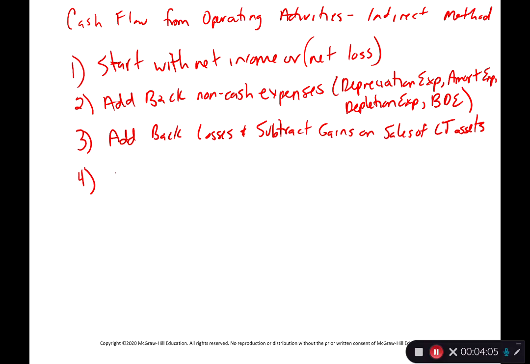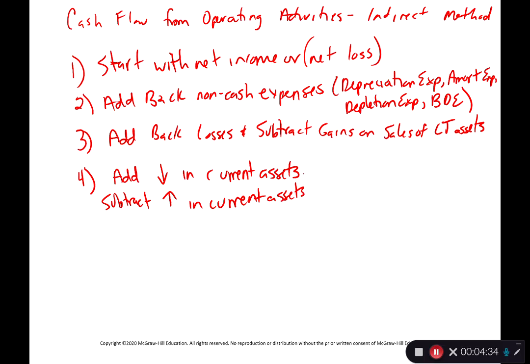Step 4 deals with our current assets. We're going to add decreases in current assets. And we're going to subtract increases in current assets.